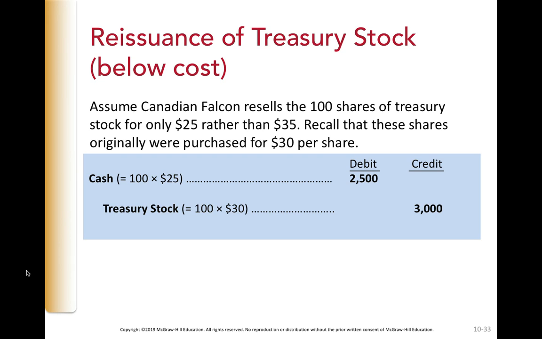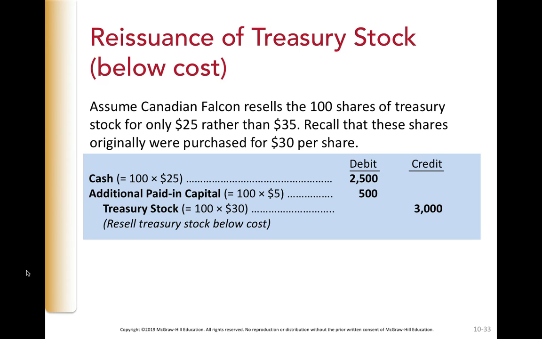You're still going to credit treasury stock for the amount that you originally purchased it at, so 100 shares at $30 apiece, crediting treasury stock for $3,000. Additional paid-in capital, on the other hand, is going to be debited for the $500 difference. This is what it looks like when you resell treasury stock below cost.